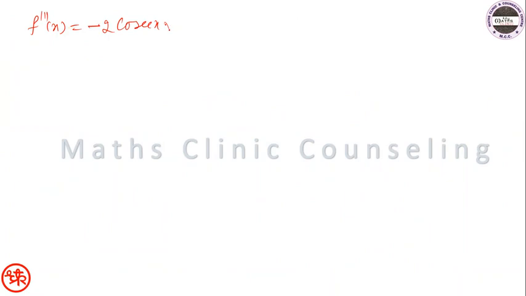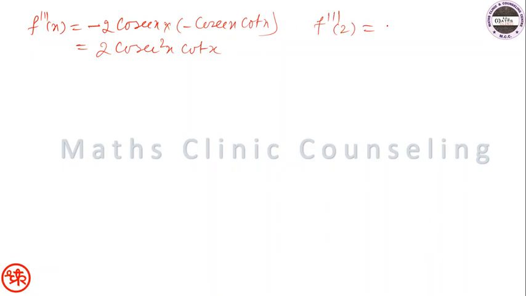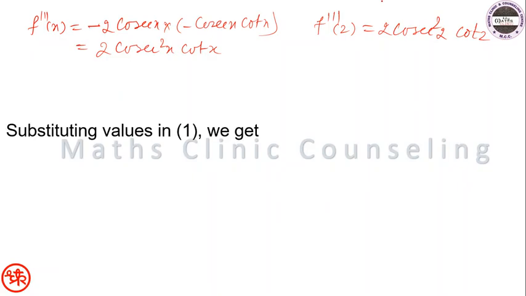So minus 2 cosec x into minus cosec x cot x, and this will be equal to minus minus plus, 2 cosec square x into cot x. Is that clear? And so f triple dash of 2 is 2 cosec square 2 into cot 2. Is that clear?